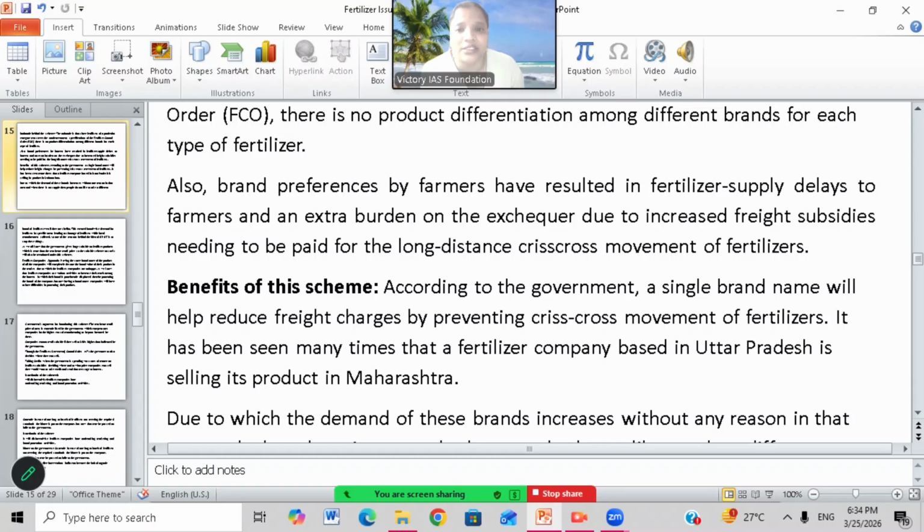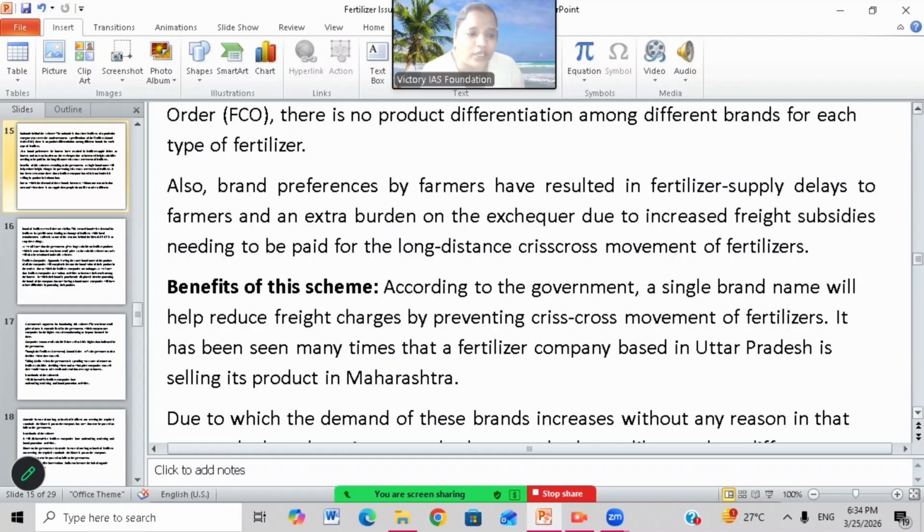On brand preference, suppose that brand of fertilizer is over, the farmer wants to buy one particular brand, then even though other fertilizer is available, he goes on waiting without giving the crop the fertilizer. So this is creating a problem. And moreover, even though they are importing the fertilizers from foreign companies, they have to give the subsidy to the farmer. Like that, the fertilizer companies are facing losses.